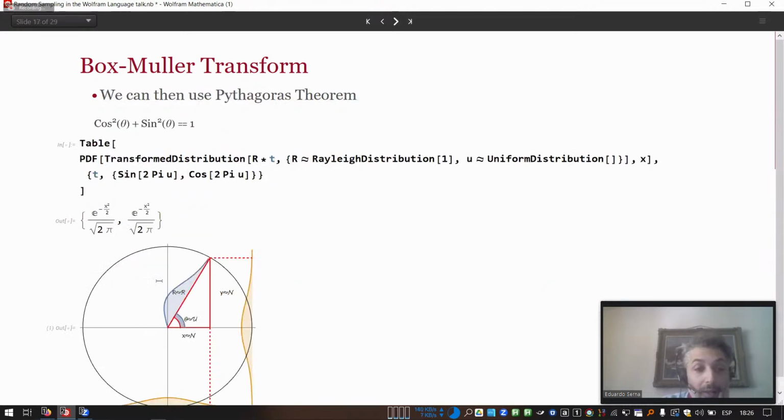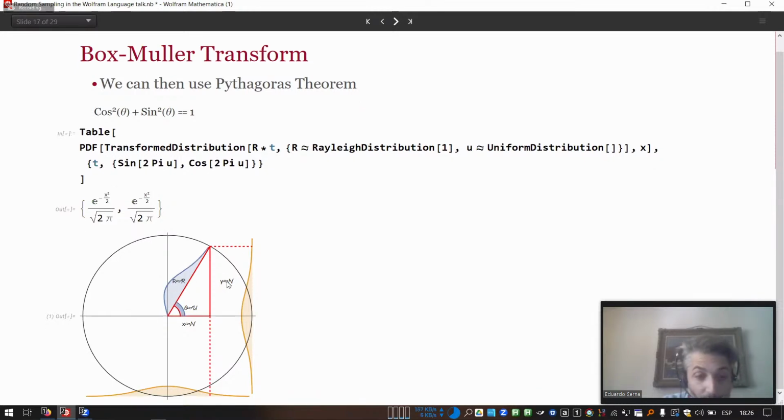So we're now going to use basic trigonometry to see how the Box-Muller transform works. This is an expression of the Pythagorean theorem, which essentially says that the square of one side of a right-angle triangle plus the square of the other is the square of the hypotenuse.